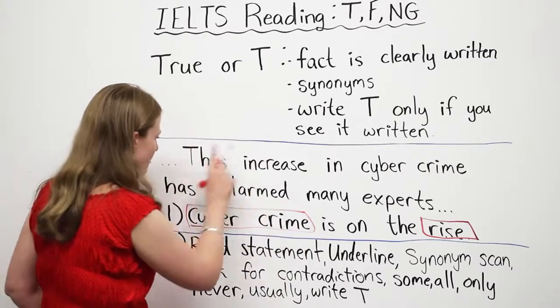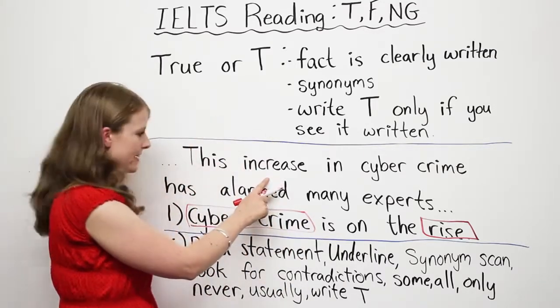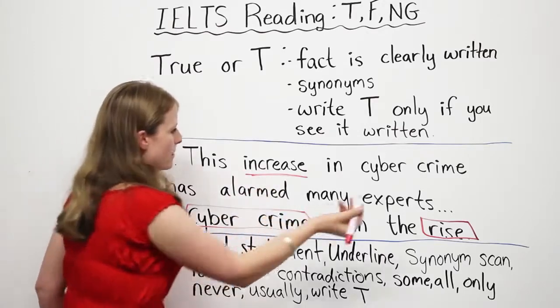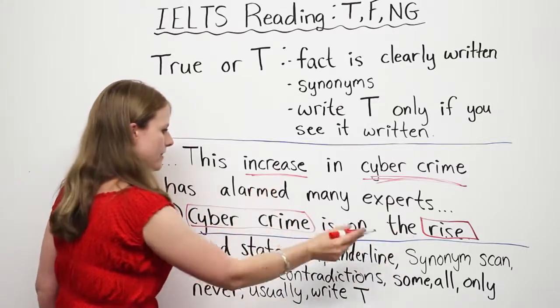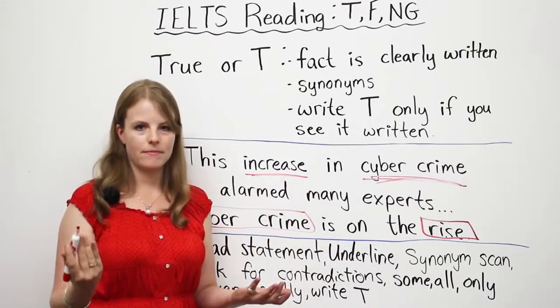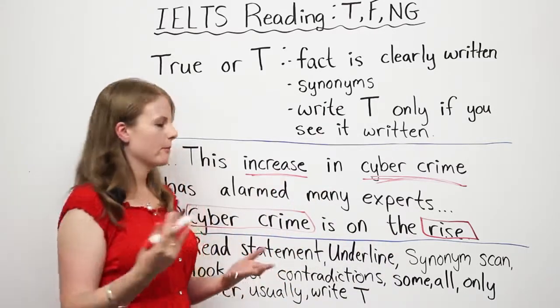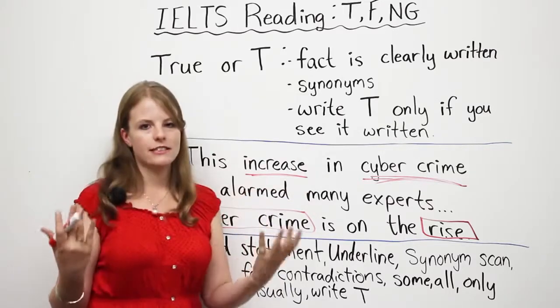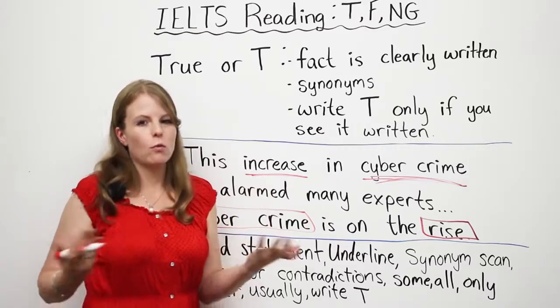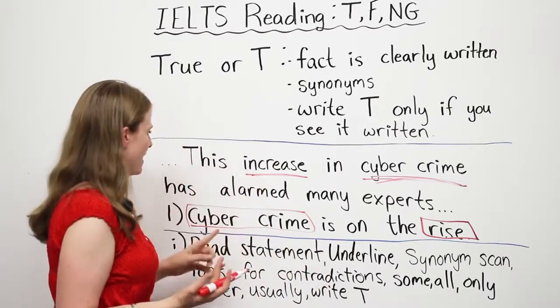Okay, so let's see if we can find cybercrime or rise. So I would scan the passage. Oh, the word increase. Cybercrime. So rise, increase. Okay, so I found the synonym. Now it's important for me to read very carefully to see if there are any contradictions. What does the sentence say? Does it really match?